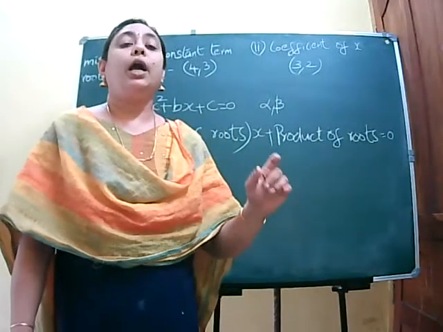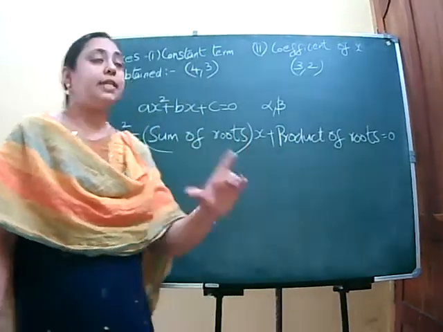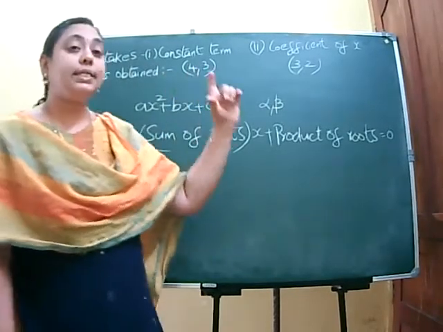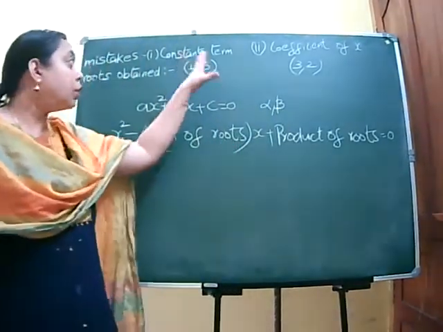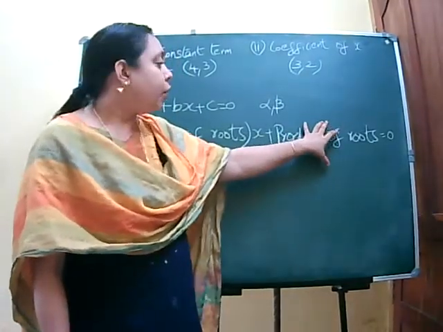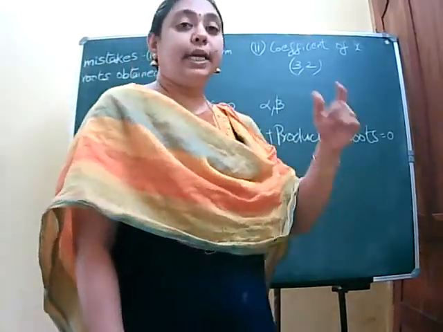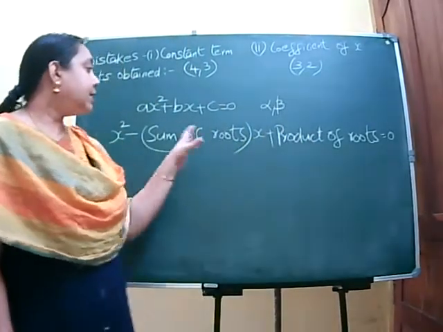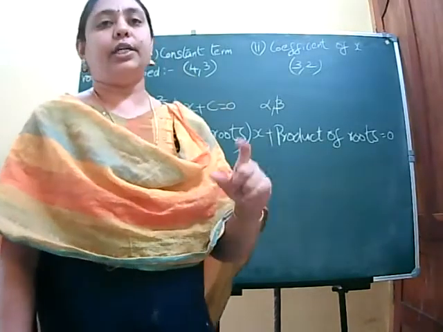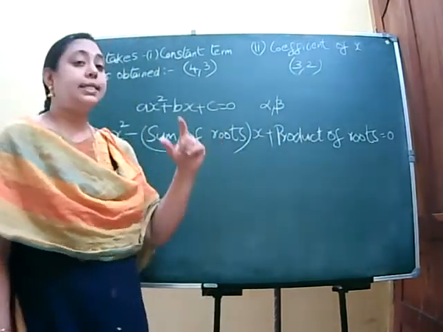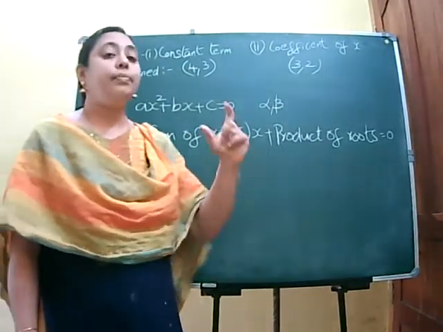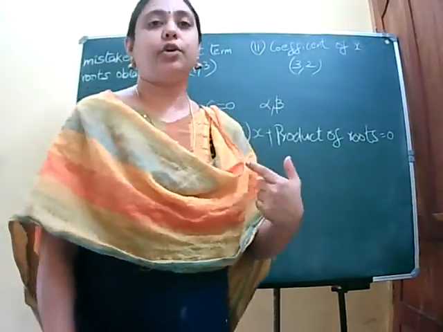Now we consider the first case, that is, the first student makes the mistake in writing down the constant term. Which means that in his wrong equation the sum of the roots is the same as that of our correct equation.